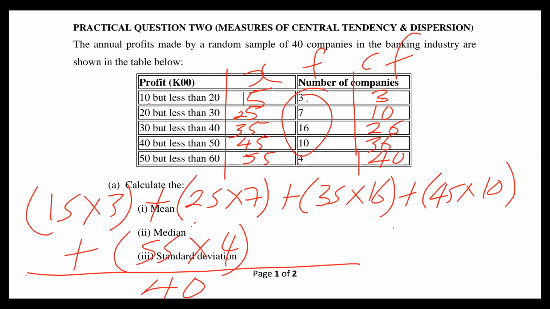Are people getting this? So you can do what we were doing previously to find the top part. 15 times 3 plus 25 times 7 plus 35 times 16 plus 45 times 10 plus 55 times 4. What are you finding on top?